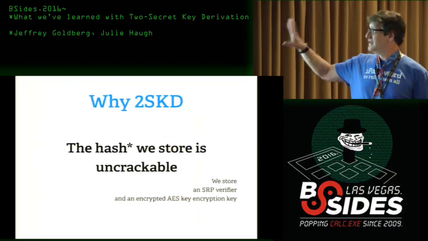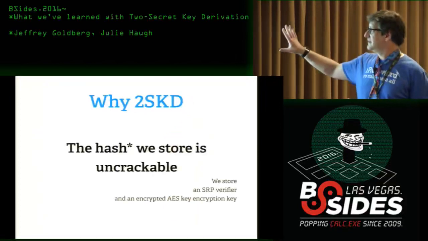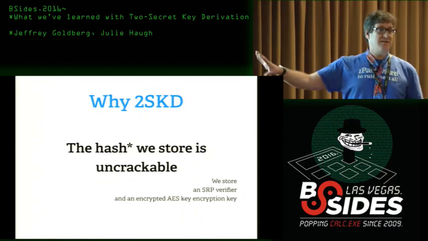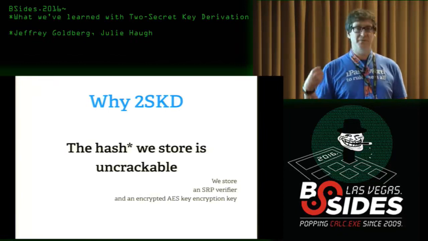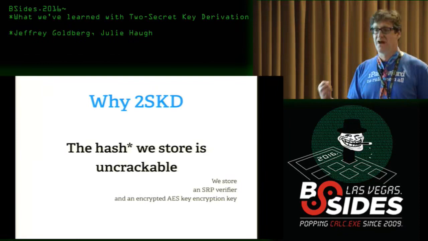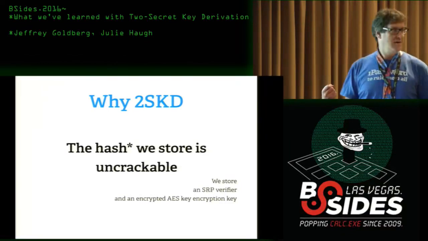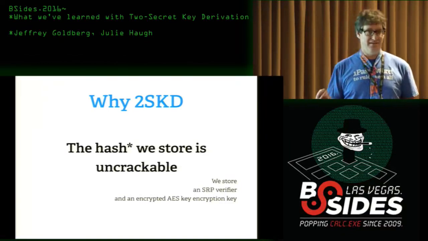Now, the reason for this is that we don't want to store hashes that, if stolen, could be used in any kind of offline attack. That is the goal of this thing.